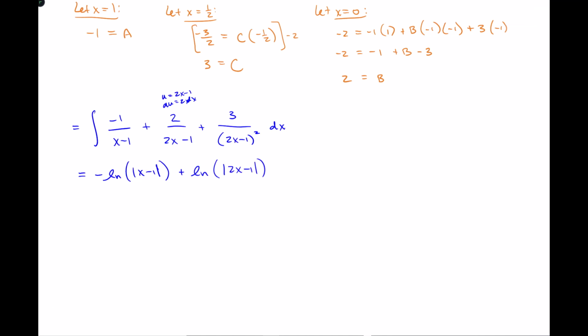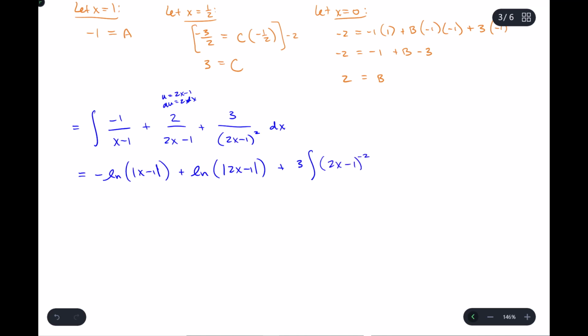Okay? If you're not sure of exactly why that is, continue to walk through the steps of u substitution here and finish that problem out. But this is what we'll end up with. Now, this last part, I'm going to leave it as an integral and go ahead and factor out the 3. So it'll be 1 over, oh, and actually I'm going to change this to make it 2x minus 1 to the -2nd dx.